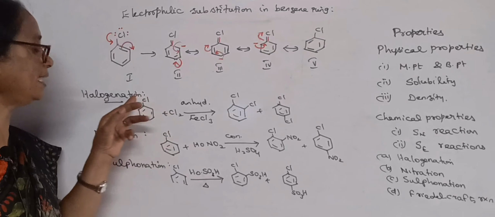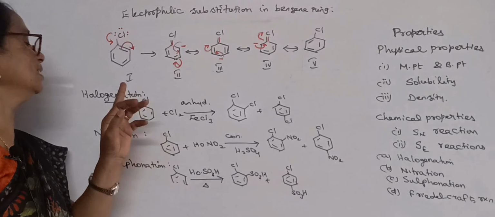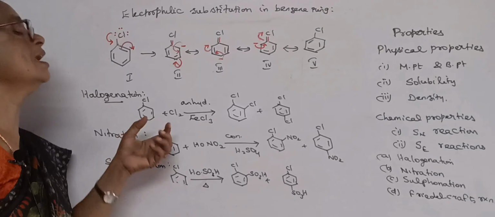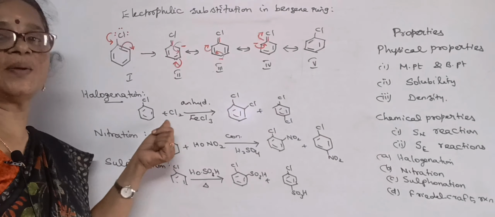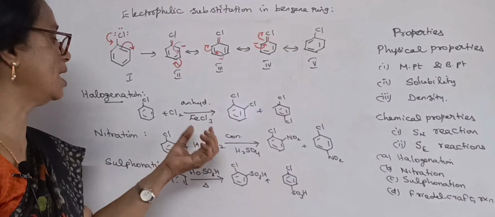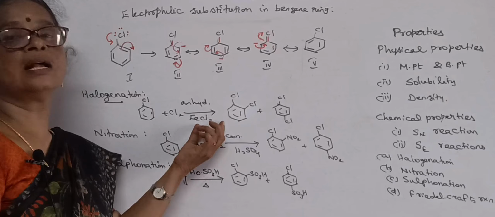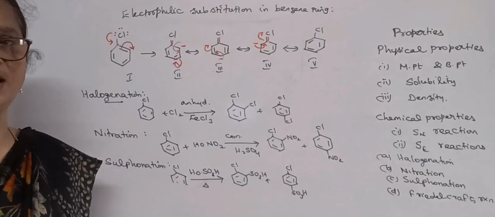Due to the deactivating nature of the halogen atom on the benzene ring, the pi electrons of benzene are unable to make the chloronium ion from the chlorine molecule, and hence to produce the chloronium ion, the reaction depends on a catalyst like the Lewis acids ferric chloride or ferric bromide.